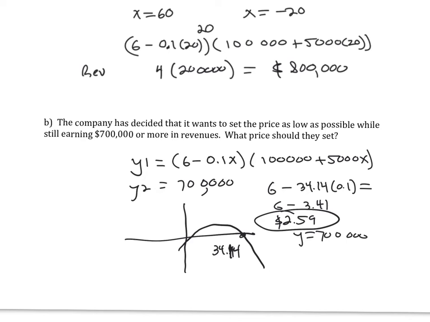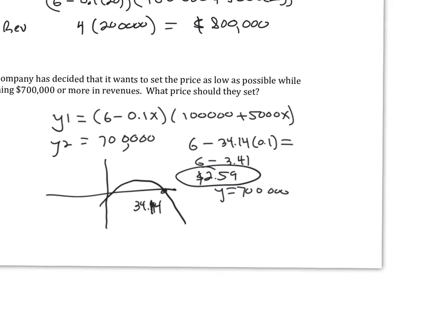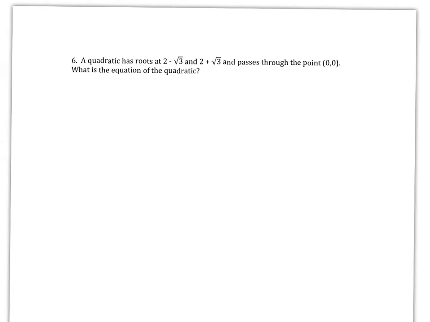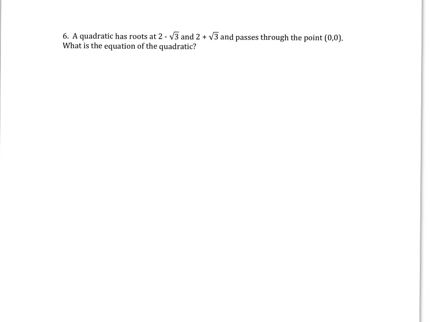That's the goal here. Okay, now we go on to our next problem. We have a quadratic that has roots at 2 minus root 3 and 2 plus root 3. And this, as I corrected in class, should be the point 10, 0.